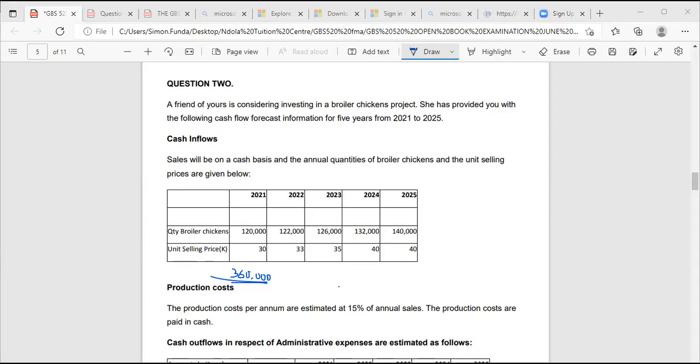Let me just use the calculator. So we are saying 120 multiplied by 30 kwacha. Okay, sorry, so it is not 360. Let me just make a correction.